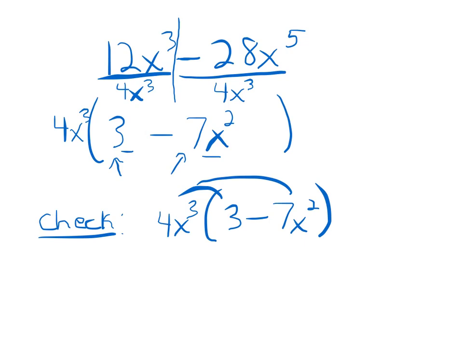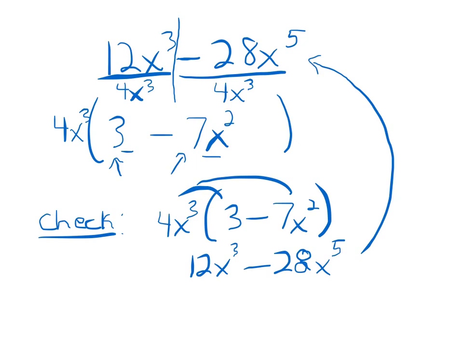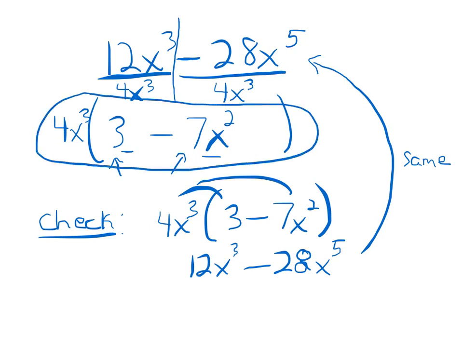When we distribute, we end up with 12x to the third power minus 28x to the, when we multiply, we add the exponents. Okay, does this get us back to our original? The answer is yes, it's the same. So that's how we know. Our answer to this one would be this right here. That's our factored form using the GCF.